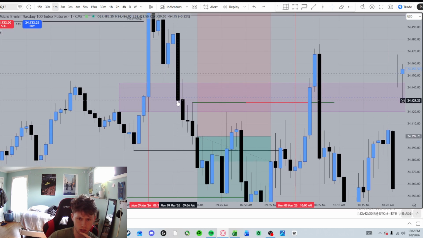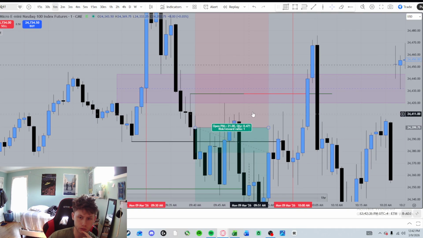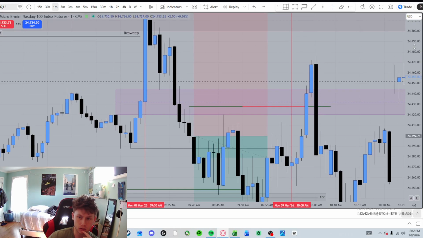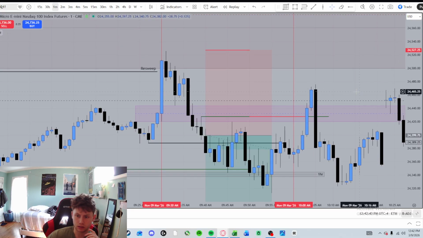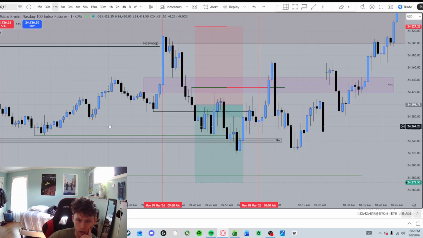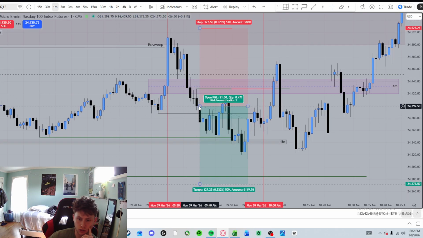So if you have this type of pattern and a short-term high on the right, you're able to count that as an intermediate term high. Hopefully that makes sense.